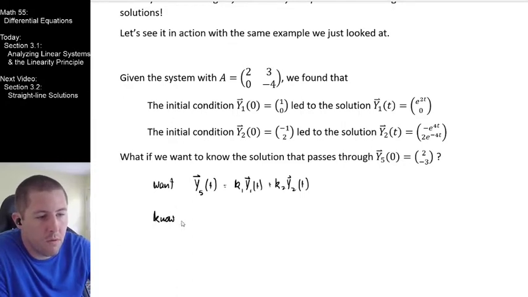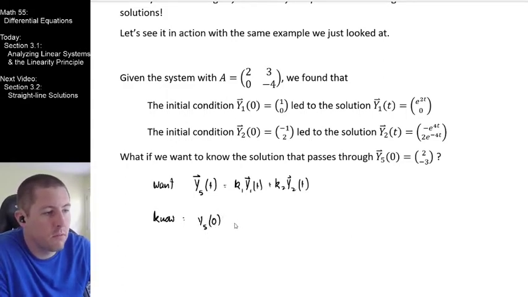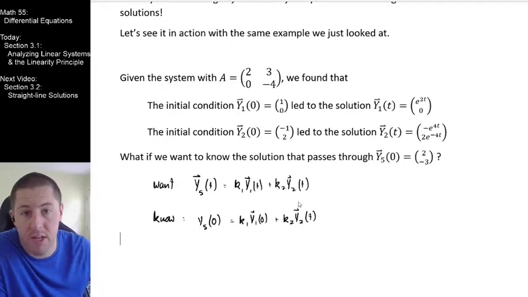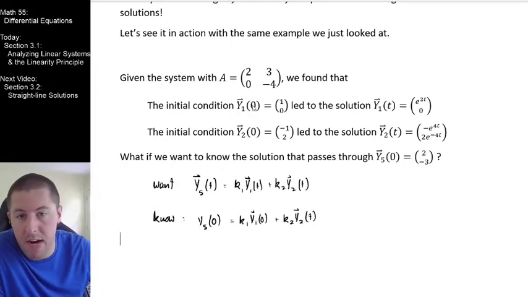What we know is that y5 of 0 is equal to k1 of y1 of 0 plus k2 of y2 of 0, right? The only piece of information that we have for all three of these equations is what's going on at time 0. We've got it right here, y1 at time 0, y2 at time 0, y5 at time 0. They're all already identified, right?